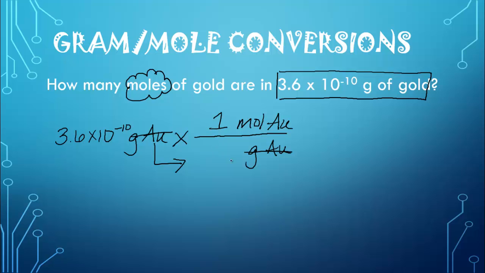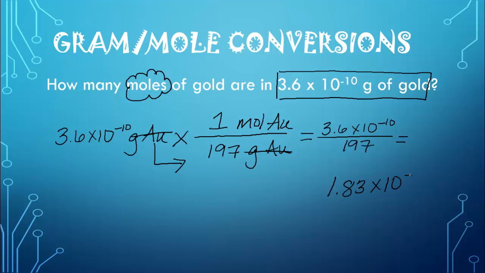Moles is always 1, and grams of Au is 197. So do the math. So 3.6 times 10 to the negative 10th divided by 197 gives me 1.83 times 10 to the negative 12th moles of gold.